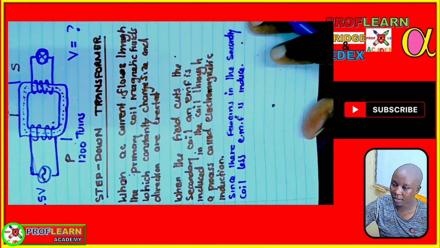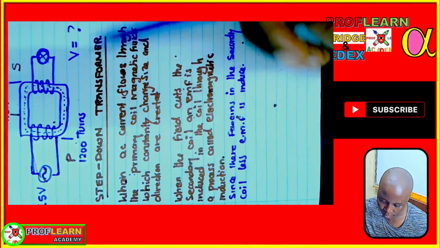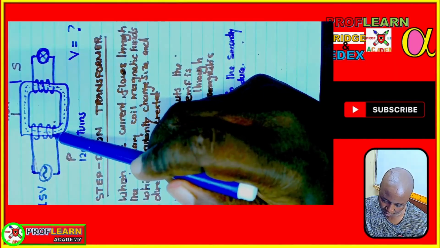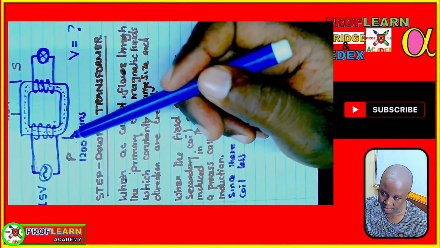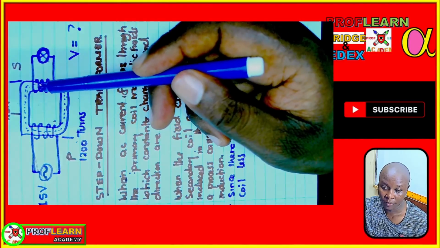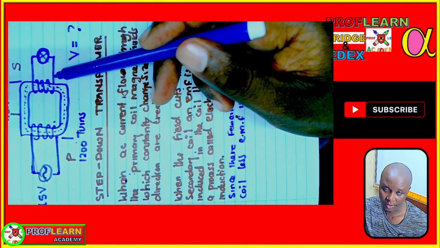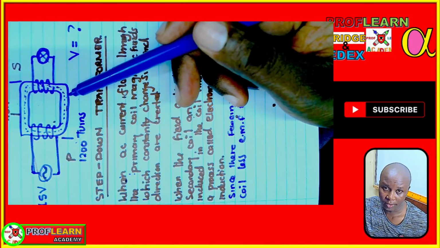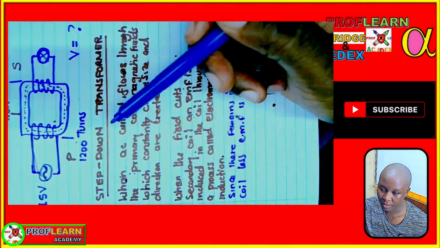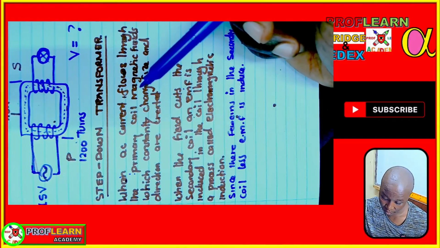So basically, when we are talking about a step down transformer, it's meant to reduce the voltage, because when alternating current flows through the primary coil, it creates varying magnetic fields. And when these fields cut through the secondary coil, there will be an induced EMF in the secondary coil, which results in the flow of electric current. And the number of turns determines how much EMF is induced in the secondary coil.